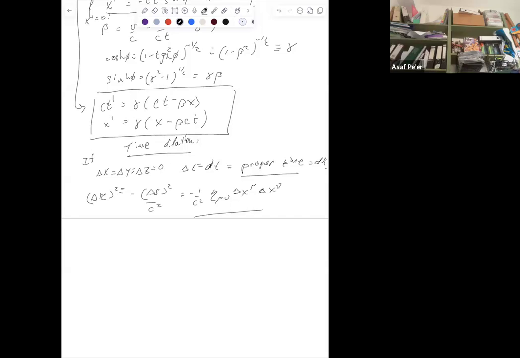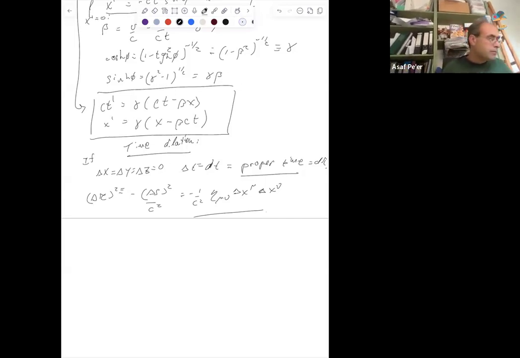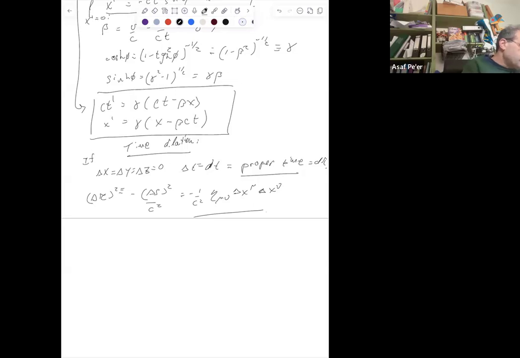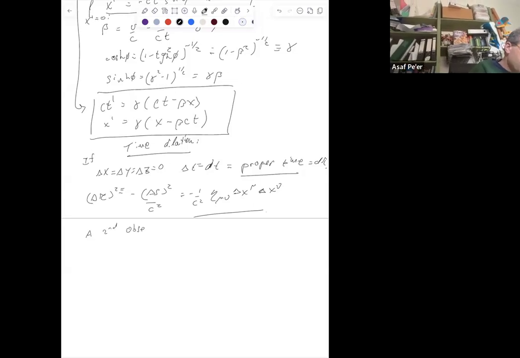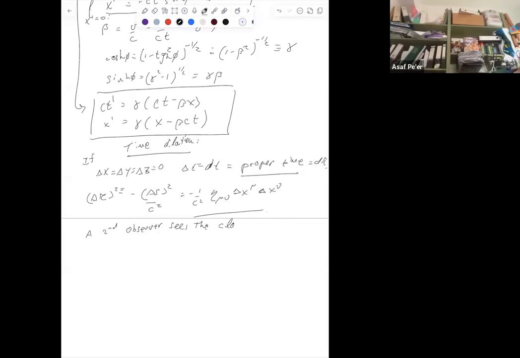So that's for me. If you are seeing me moving, right? So the second observer sees the clock moving. Delta x prime is v delta t prime.